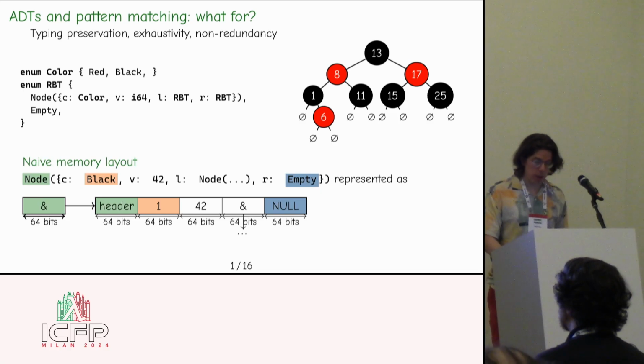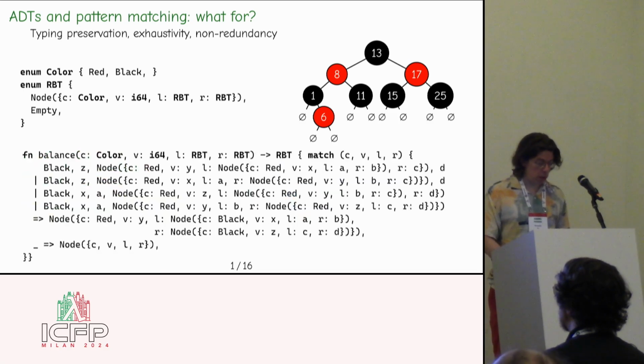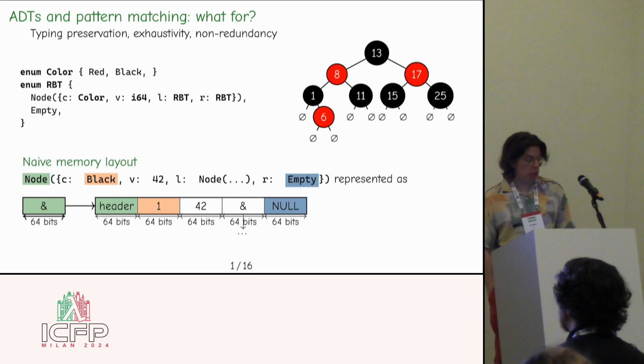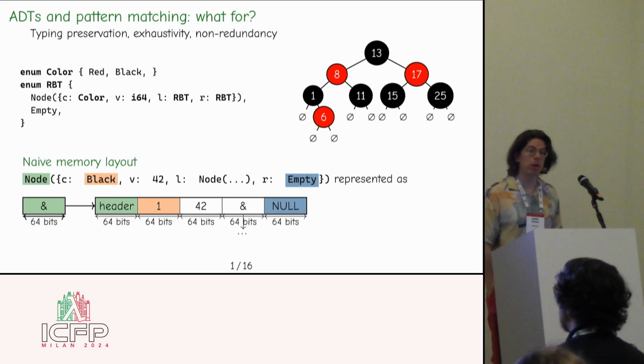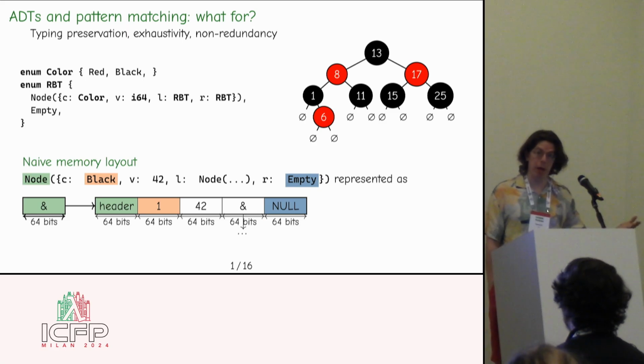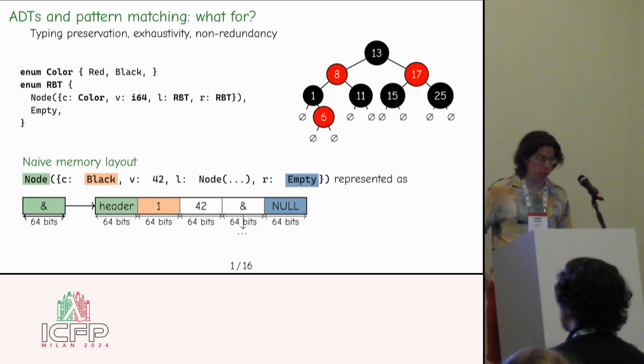Now, what's going to happen in a traditional language is that we're going to have a memory layout for our representation. Here is an example of a fairly naive memory layout for red-black trees. A node is going to be a pointer over 64 bits.